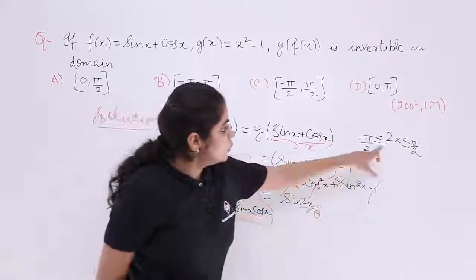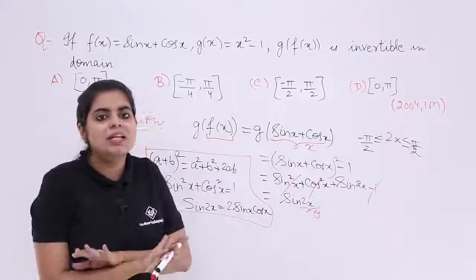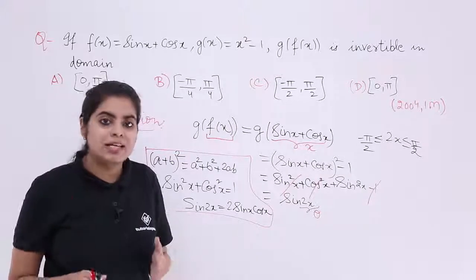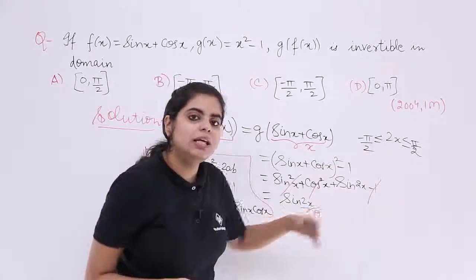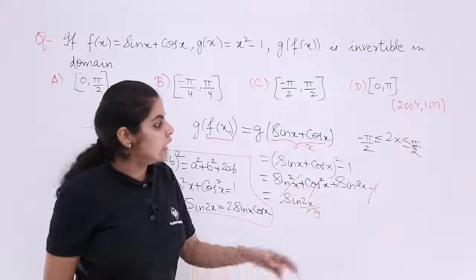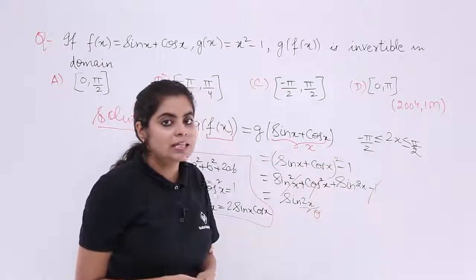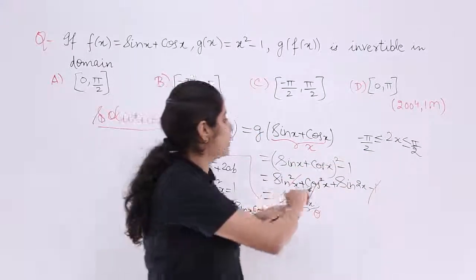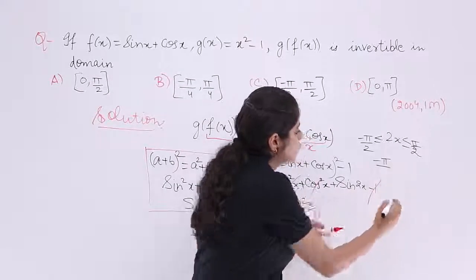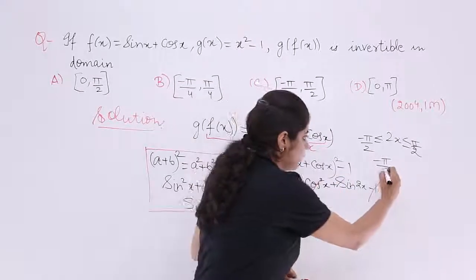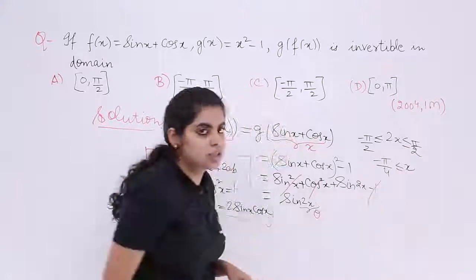Now, 2x is given to me, but the domain is never 2x, it is only x. So you basically need to find only x. It is as simple as that. 2 is multiplied with x, so 2 will get divided: 2 into 2 becomes 4, and x is just remaining.